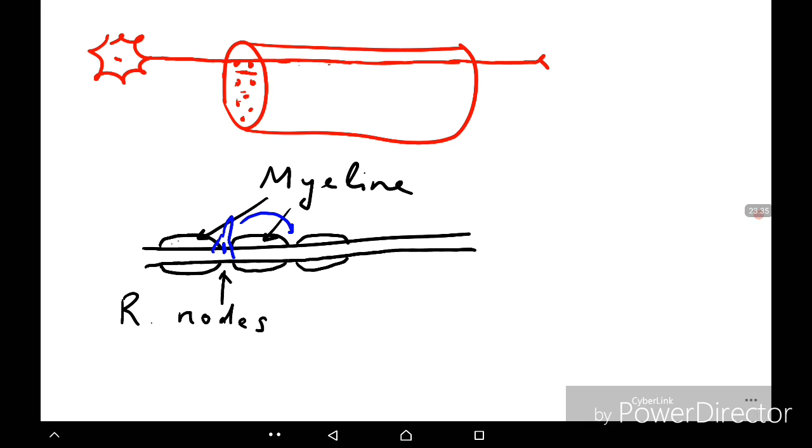As soon as action potential due to the opening of sodium channels occurs in the node of Ranvier, it changes the potential in the neighbor nodes of Ranvier. And when the critical level of depolarization is reached in the next Ranvier node, then AP will immediately occur there.